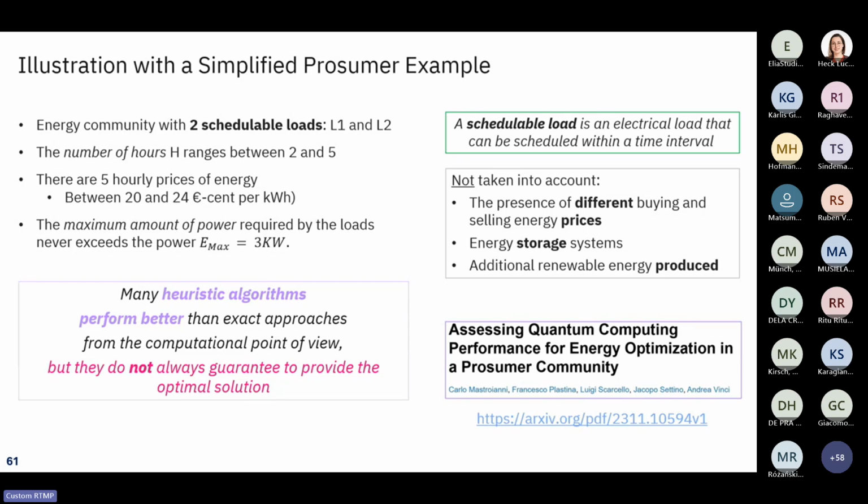And the VQA was used. This is a heuristic algorithm. What we see is that this heuristic algorithm is not the first example in which we see a better performance than in a classical analytical approach. The only caveat is that sometimes this convergence, of which I was talking in the previous slide, does not always happen very smoothly.